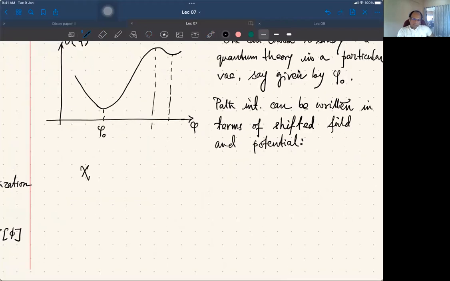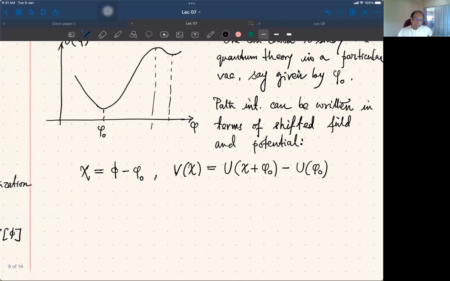The shifted field chi is phi minus the vacuum value phi 0. So chi measures the shift from this. You are looking at a theory whose vacuum state corresponds to the system sitting at this minimum, and the fluctuation of the field which takes part in the dynamics around this vacuum is chi. Then you define a shifted potential V of chi to be u of phi, where phi is chi plus phi 0, minus u of phi 0.